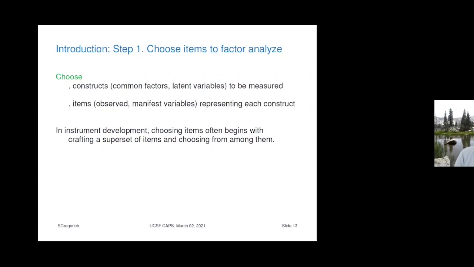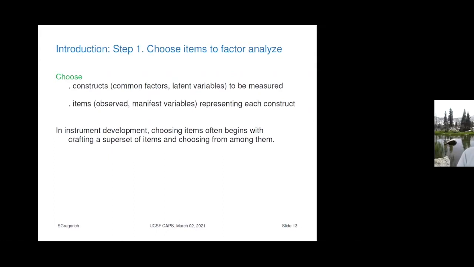And in instrument development, you're usually going to craft a large set of items and then select from the better ones. A lot of times it involves qualitative research. So you might have focus groups or individual interviews or key informant interviews to talk with people about how they construe different constructs.